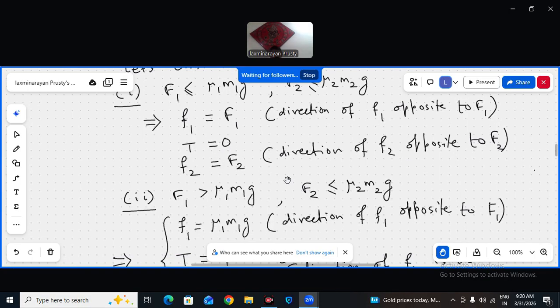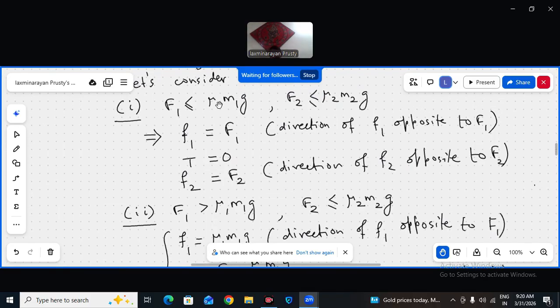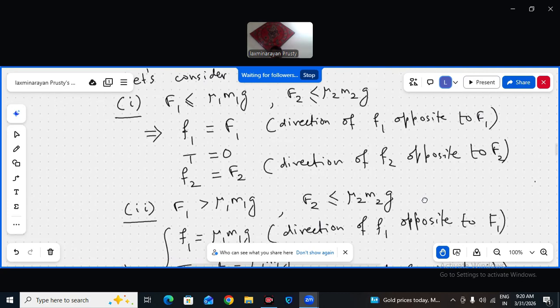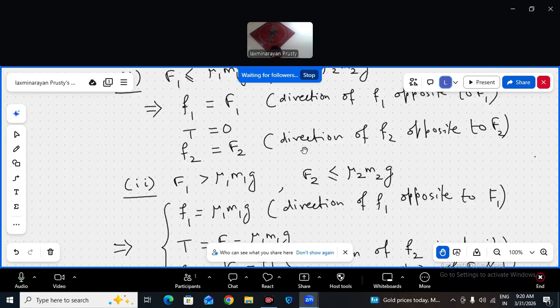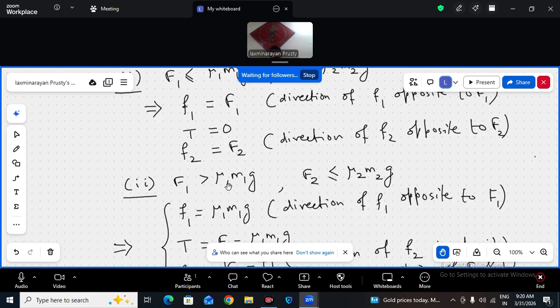In case 2 we will see F1 is greater than mu1 m1g but F2 less than or equal to mu2 m2g. If F1 is greater than mu1 m1g, it will exceed that maximum friction force and it will start pulling the string.